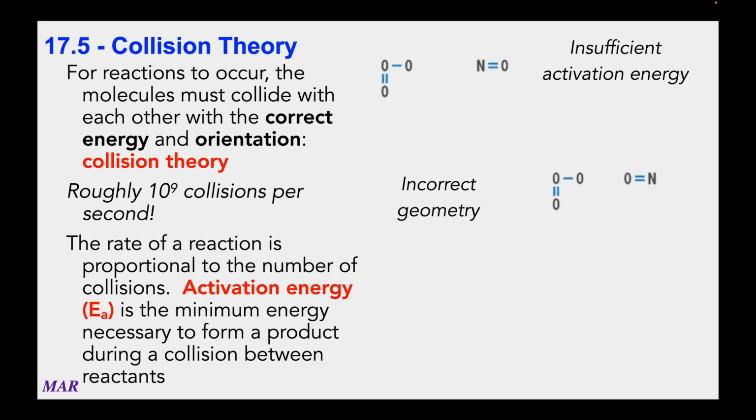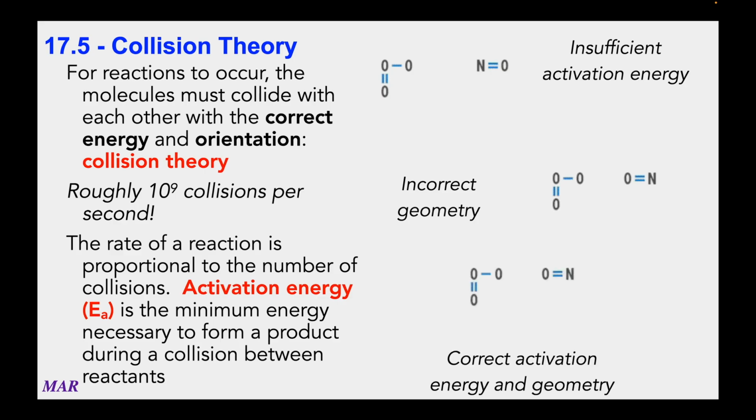In this video, the oxygen on NO bumped into one of the oxygens on ozone, and the oxygens really don't have any interest in each other. It's the nitrogen that wants the other oxygen. So this has the incorrect geometry. It may have enough energy to smash in, but the atoms aren't oriented in a correct way to make the correct products.